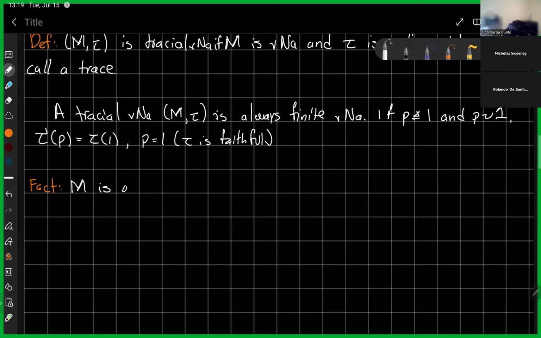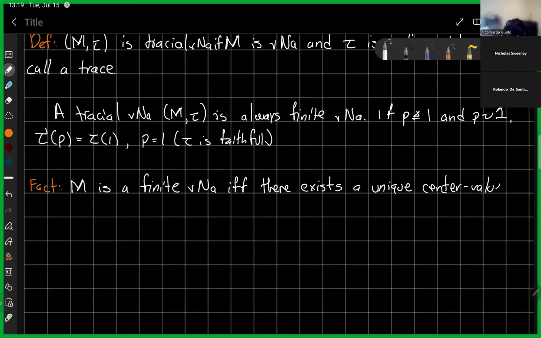M is a finite von Neumann algebra if and only if there exists a unique center-valued trace tau from M into the center of M. This fact is proven in the notes; if I'm correct, it should be chapter 5, section 4.